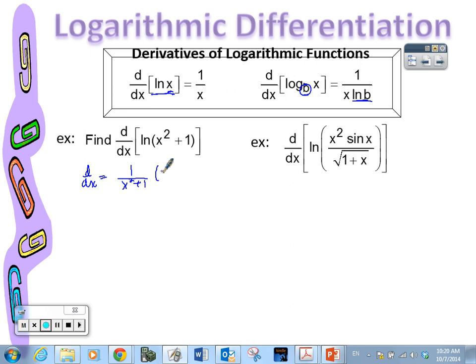And the derivative of the argument is 2x. That's all the derivative rule that I use, and then I just clean it up. So d/dx equals 2x over x squared plus 1. And that is my derivative. Okay, is that okay? Pretty straightforward, yes.